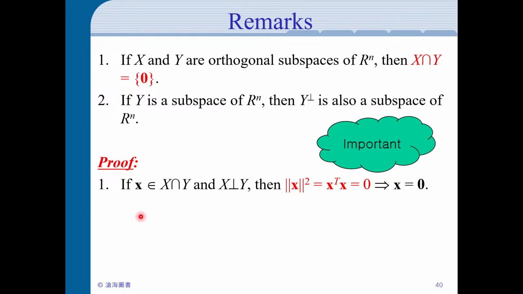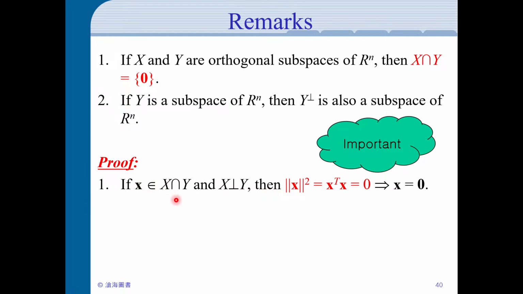This is easy, because if there is a non-trivial vector x in the intersection of X with Y, so x is inside big X and x is also inside big Y, then the inner product of x with itself is equal to 0.